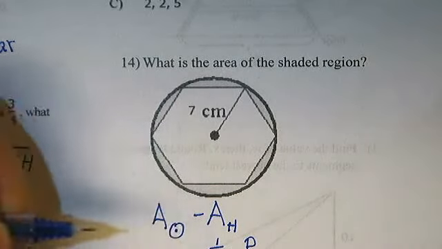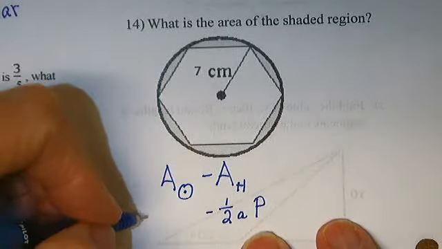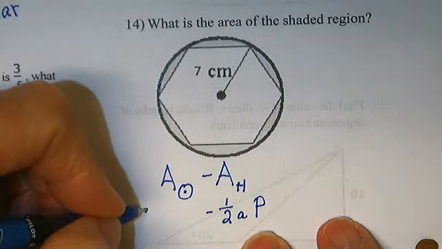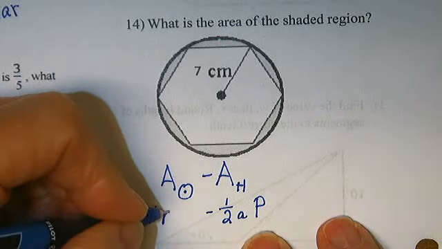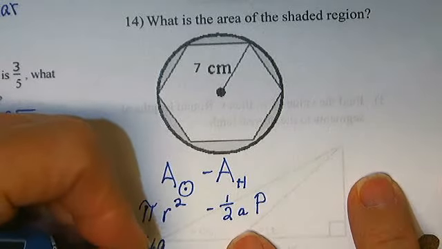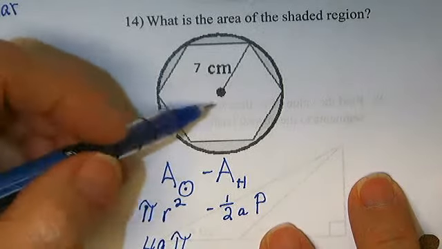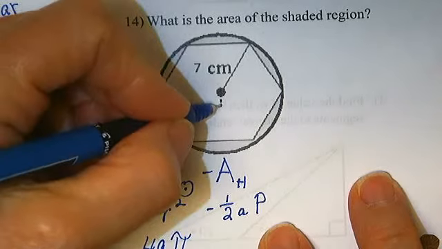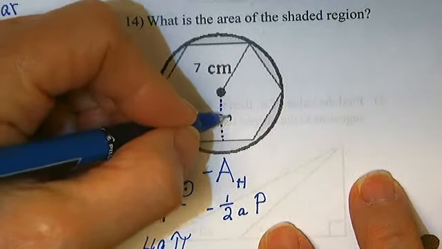The area of the circle is equal to pi times the radius squared. Here it's 49 times pi. The problem is we're going to have to find the apothem.